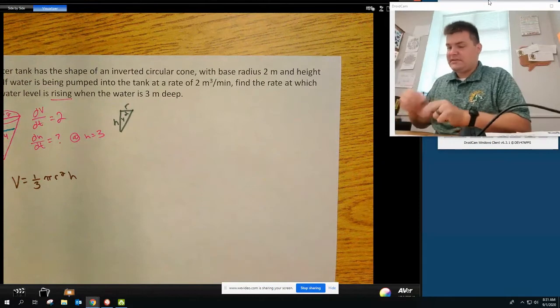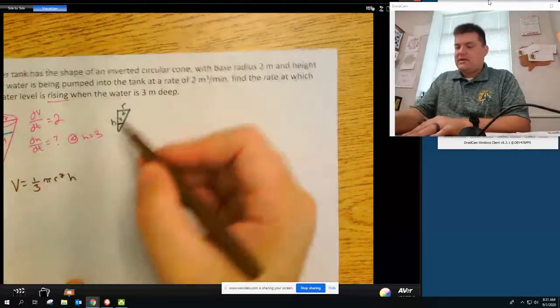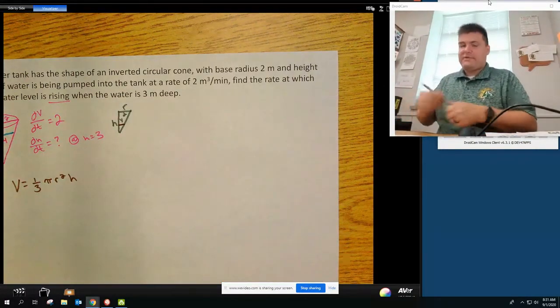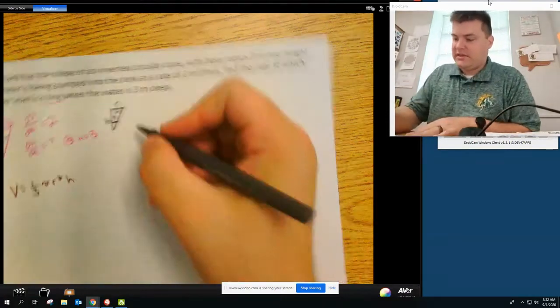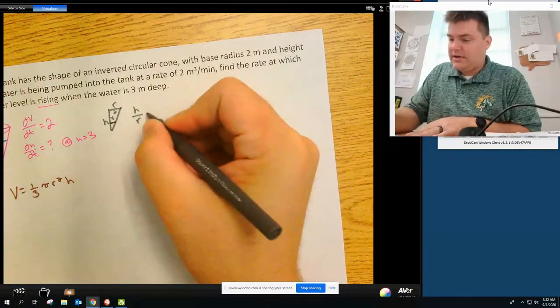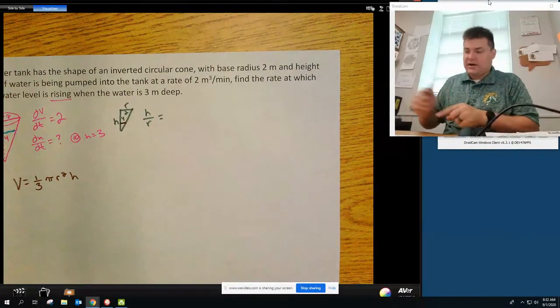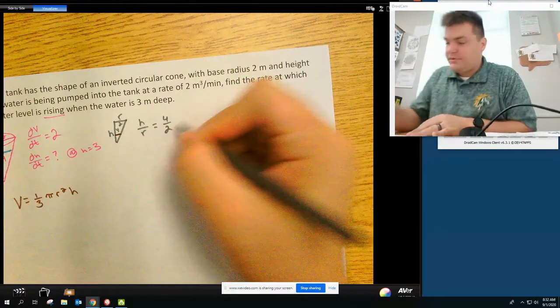Because when I cut this, right here for instance, using brown, I have my H and I have my R. So every single cone is proportional so that the H over R is equal to whatever we're given. So in this case, our H over R is going to be 4 over 2.